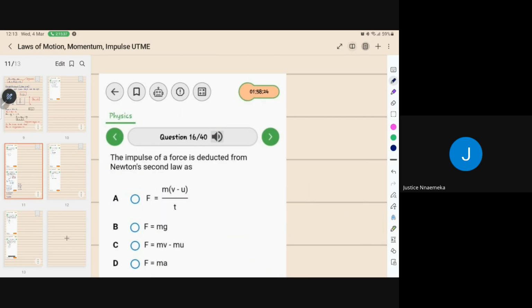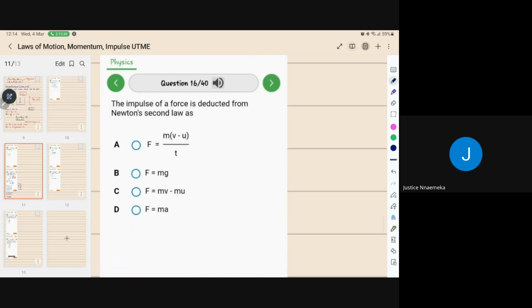Right. So for this one, let me just put our solution here. We have F over t equal to m(v minus u) all over t. So Ft equals m(v minus u). This side is your impulse.